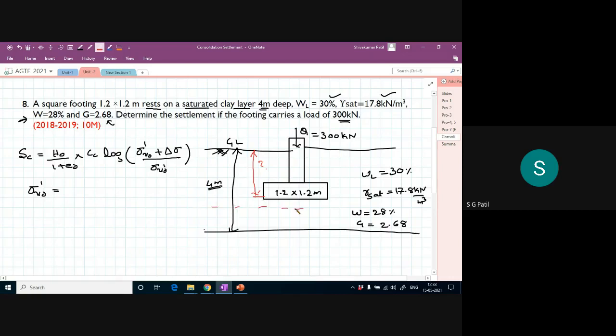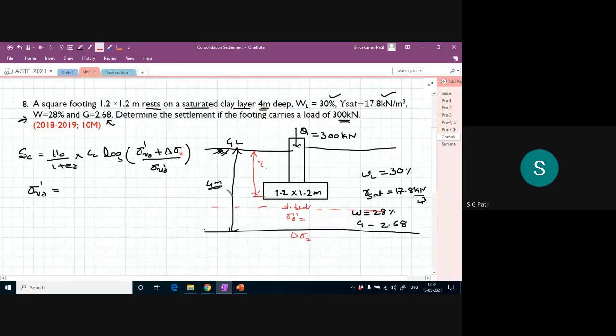Let me take the center. Here I have to calculate sigma V naught dash, and delta sigma z also I should calculate.